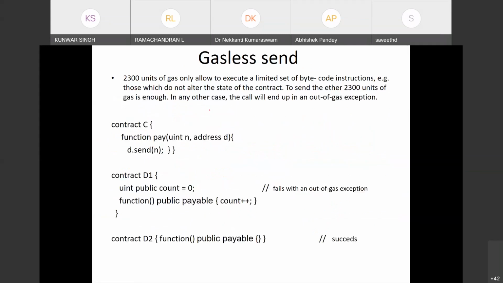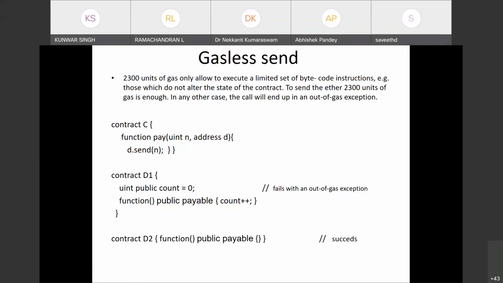So let's take one example. Let's say this contract C is there, and we have contract D. Two contracts. Now this contract C wants to send an ether to contract D, to this address D. So the function pay is there, with an unsigned integer and an ether.